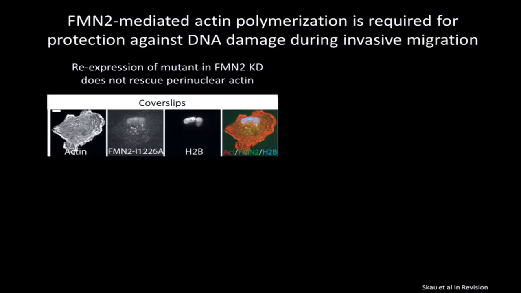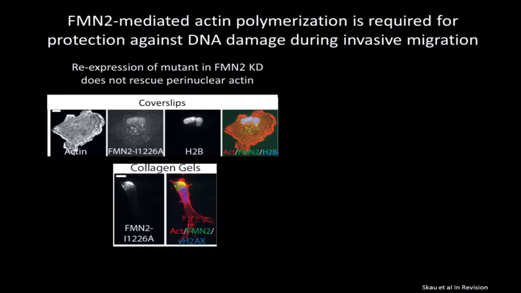So then we do rescue experiments where we knock down the FMN2 and add back the point mutant that can't polymerize actin. It doesn't rescue the subnuclear adhesions. We still see that it's localizing to some little vesicle-y things around the nucleus in 2D. Same thing in 3D. It's localizing around the back of the nucleus. It looks suspiciously un-stress-fibery in the cell.